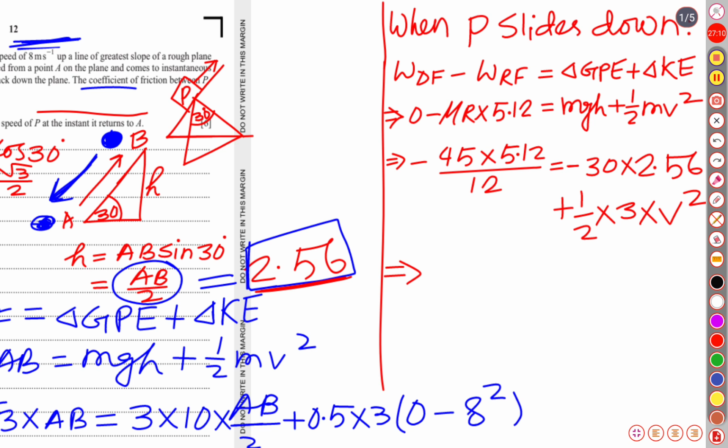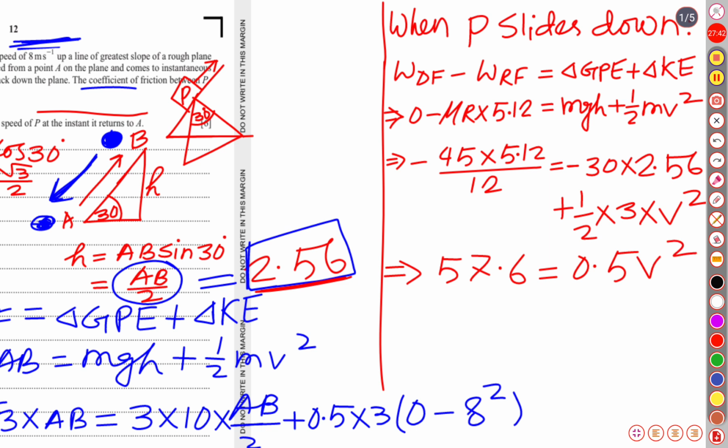If we simplify the numerical values, it is going to be negative 96. Negative 96 is equal to 1.5 v squared. Sorry, I made a mistake. It should actually be 57.6 and positive. Then on the right side it is 1.5 v squared.